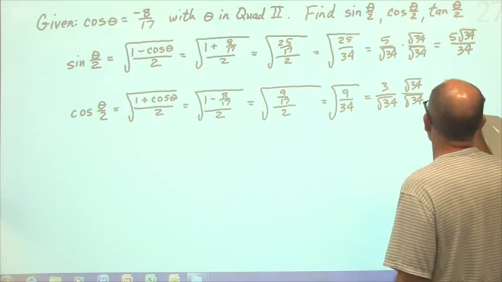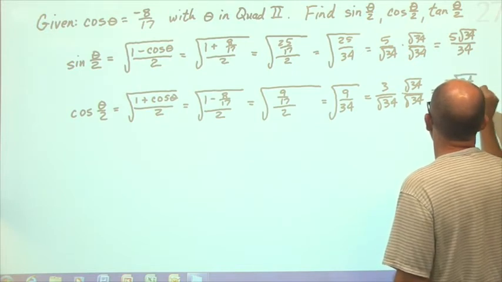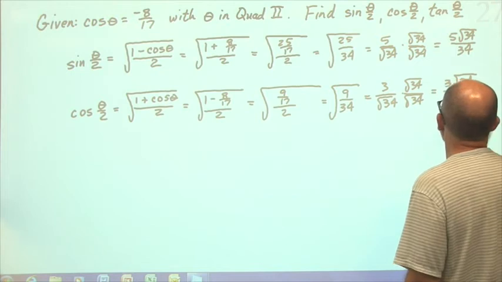So this equals 3 square root of 34 over 34.